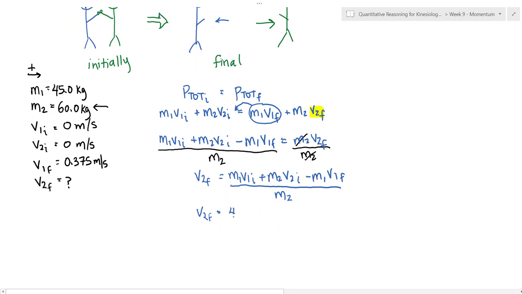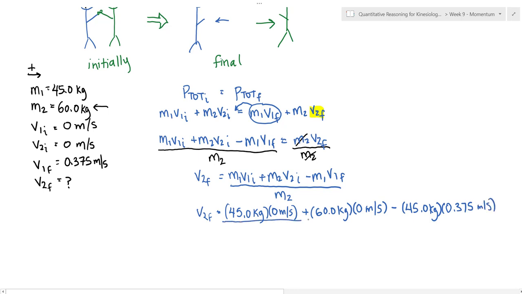M1 is 45 kilograms, V1 initial is 0 meters per second, plus M2, which is 60 kilograms, times V2 initial, which is 0 meters per second, minus M1, which is 45 kilograms, times V1 final, which is 0.375 meters per second, divided by M2, which is 60 kilograms.